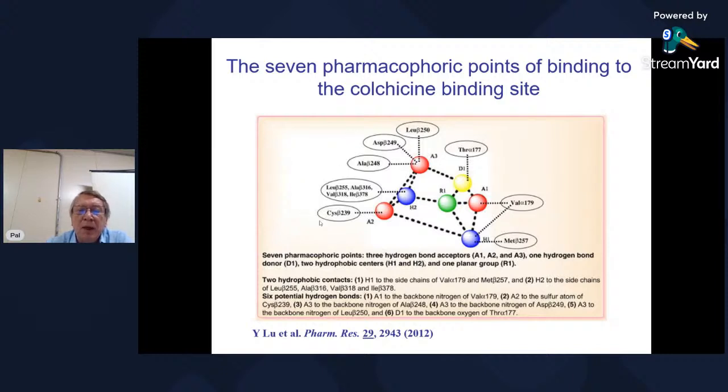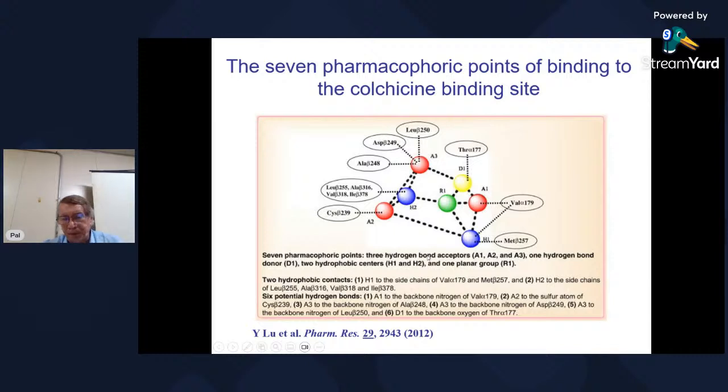Among them, you can see the 3 hydrogen bond acceptor sites, A1, A2, and A3, the 1 hydrogen bond donor site, and 2 hydrophobic centers, H1 and H2, plus 1 planar group.